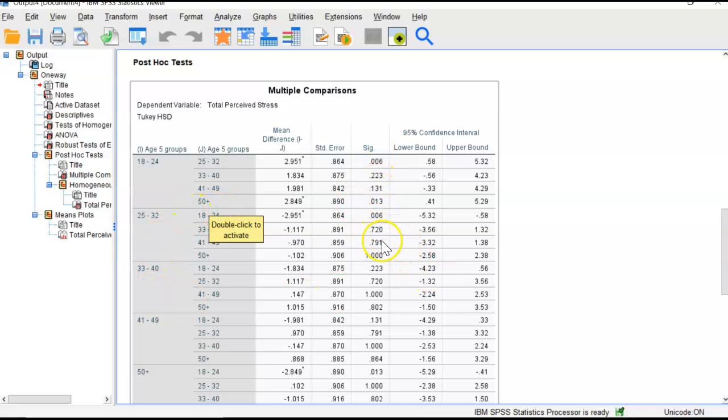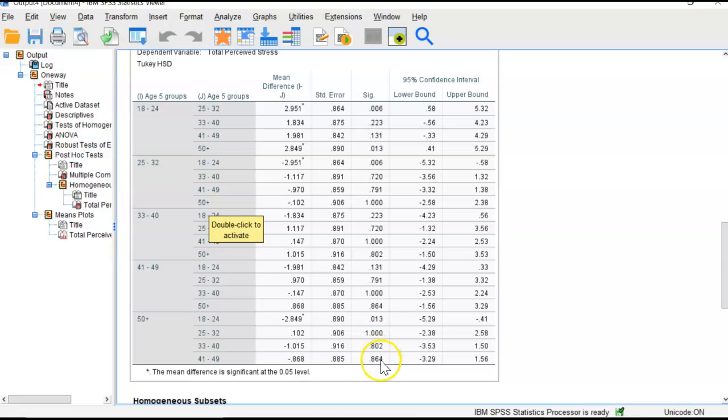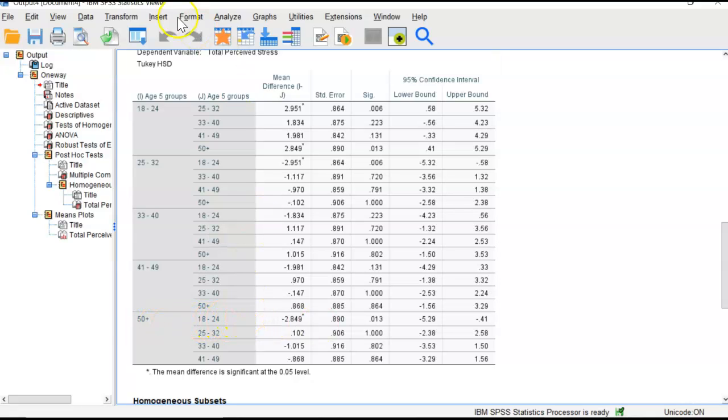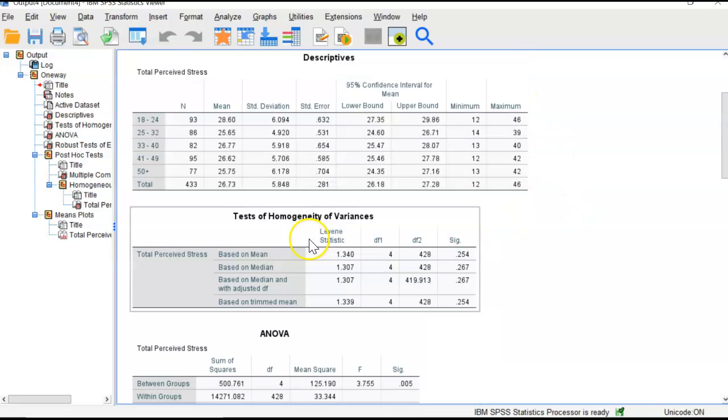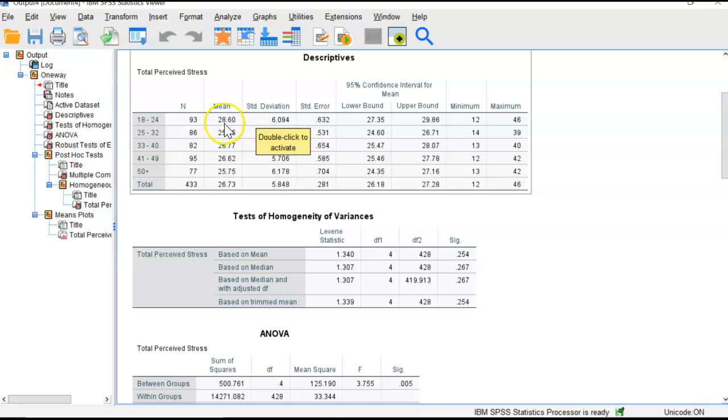Now, if you scan down your column of significant differences, you notice that those are the only two differences: between that youngest group and the oldest group, and the youngest group and the group just a little bit older than it. In the middle-age groups, we don't have significant differences. So that's where you can go back up to your means and say, okay, the youngest group is significantly different from this group, and it's significantly different from this group, but not significantly different from these two.